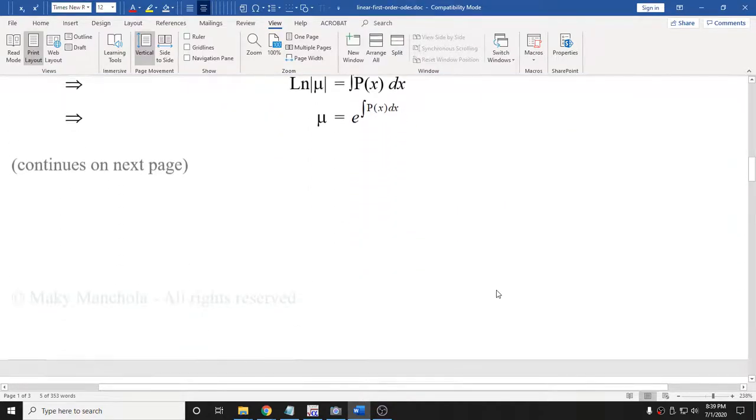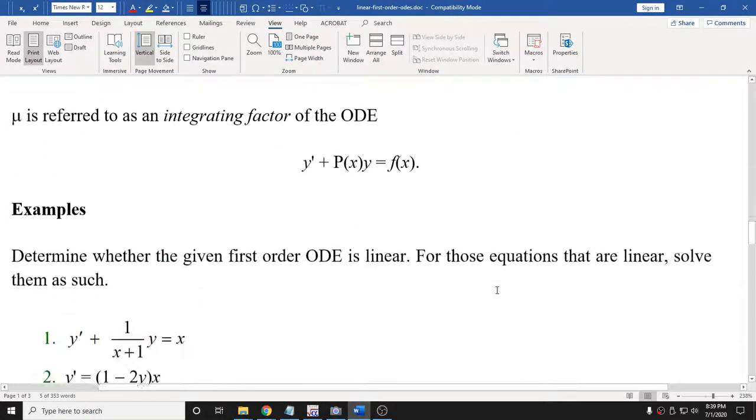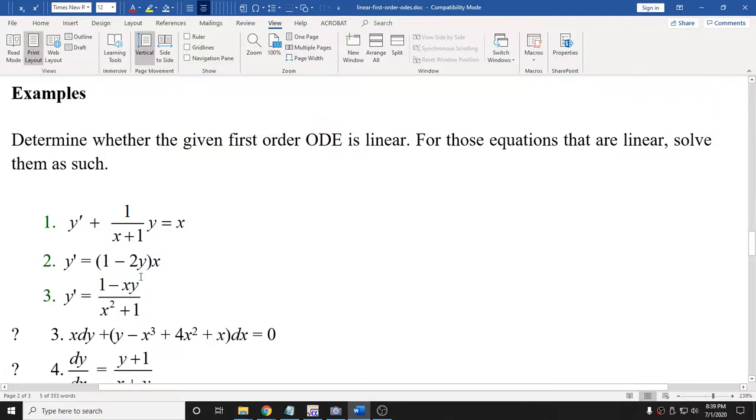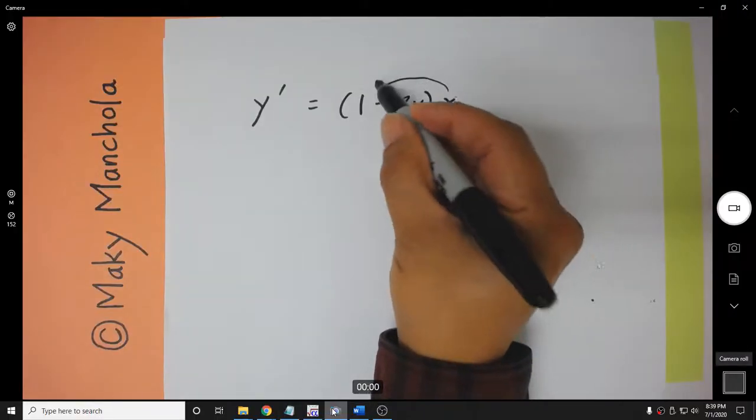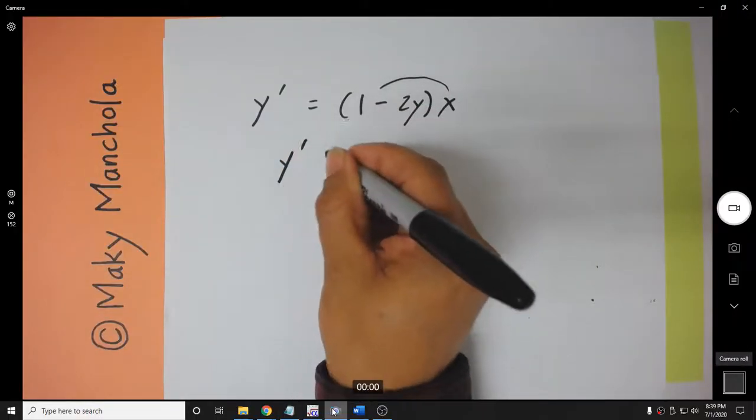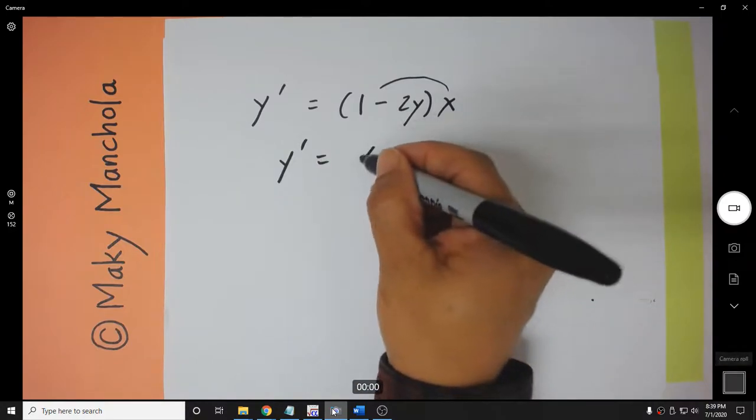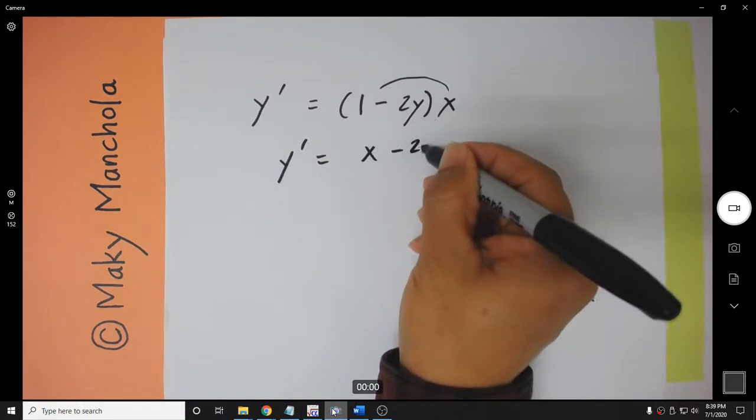So what we would like to do is have our first derivative together with y. So, distributing the x, you distribute the x: y prime equals x minus 2yx.